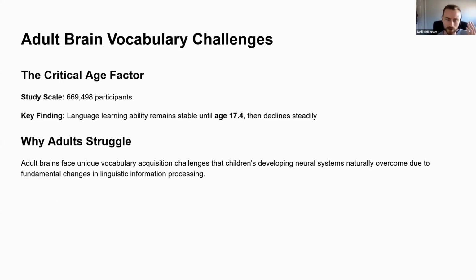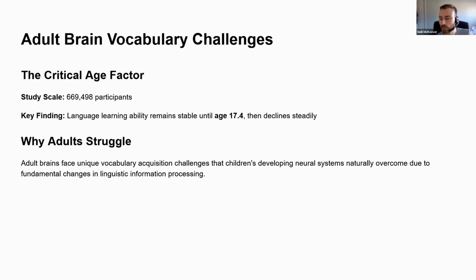Children have something that's called deep motor area processing. You don't need to remember that term, but it's basically an unconscious or automatic language processing, kind of like when you learn how to ride a bike, but adults rely on a different kind of mental processing that demands more conscious and effortful analysis of vocabulary and language.